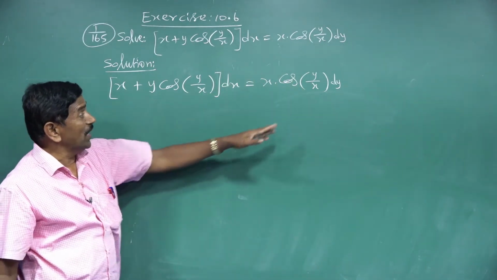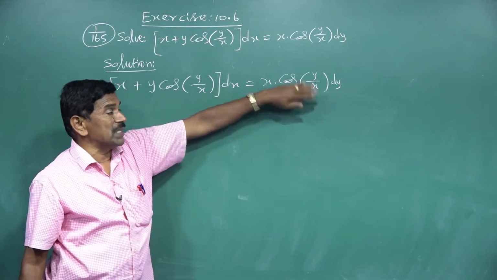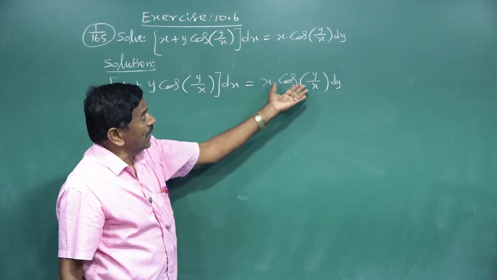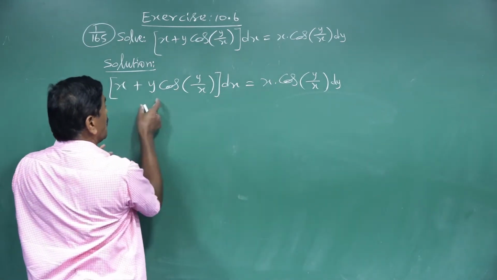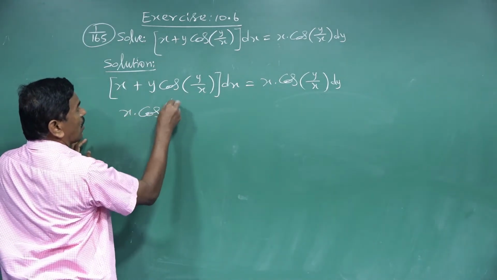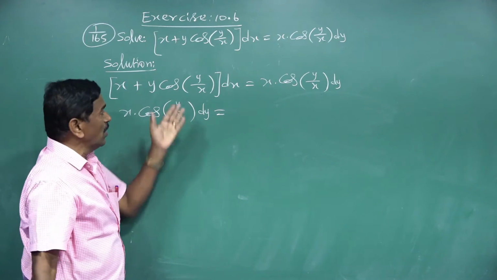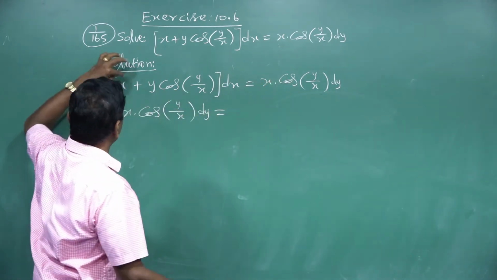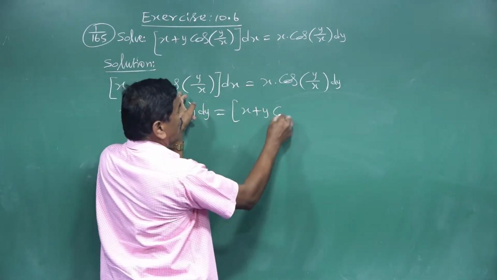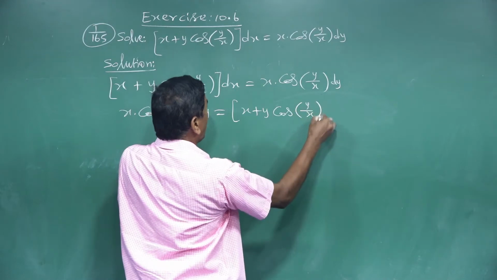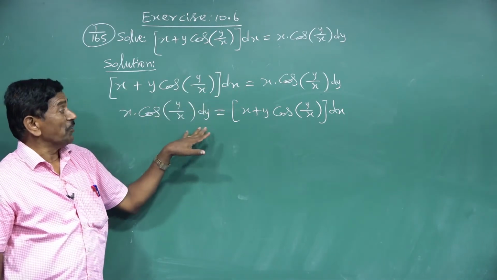For our convenience, dy is on the right side but dx is on the left side, so reverse the equation: right side as left and left side as right. That's all, the value will not change. Write this part on the left side: x cos(y/x) dy equals, now the LHS part goes to the RHS, (x + y cos(y/x)) dx. That's all. Okay, this is a homogeneous differential equation.